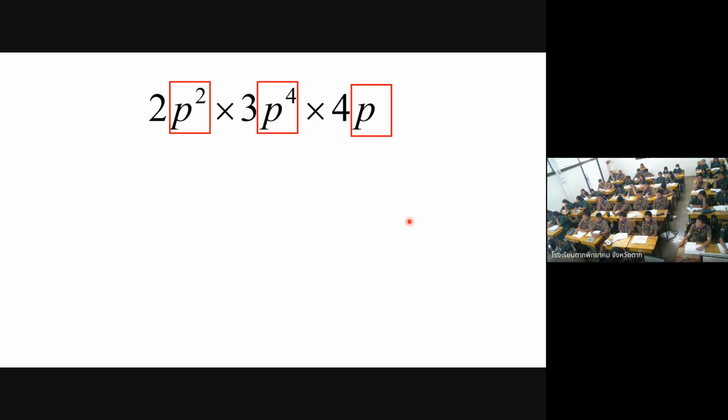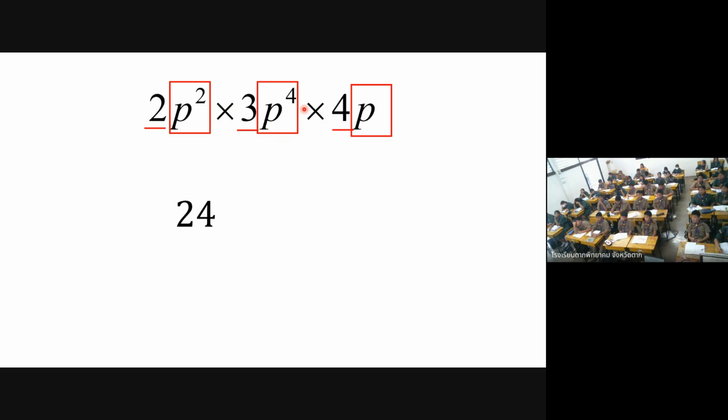Now, what are we going to do with 2, 3, and 4? Again, in multiplying exponential number, we have a rule. But in this case, we have the given constants, the number 2, the number 3, and the number 4. So, since this is multiplication, you can just multiply it. What is 2 times 3 times 4?